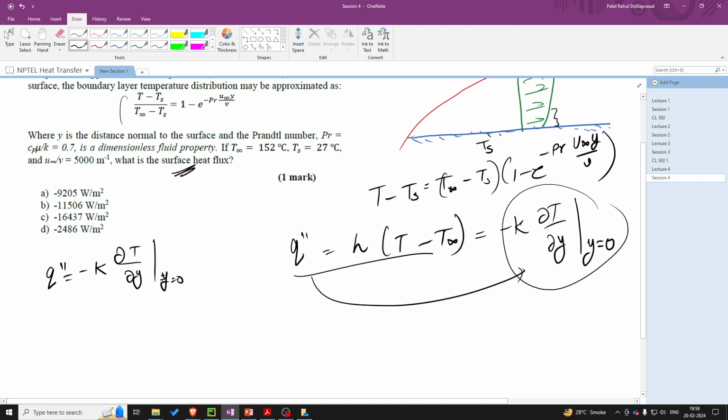We will differentiate this equation with respect to y and put the value of y equal to 0.